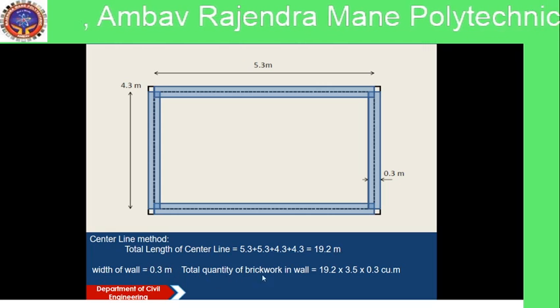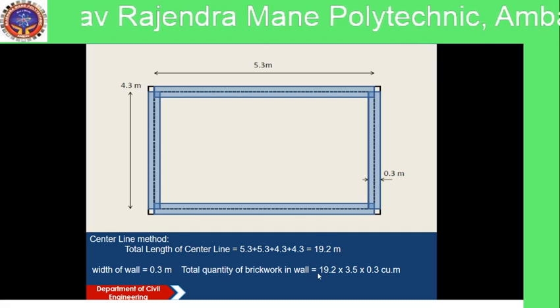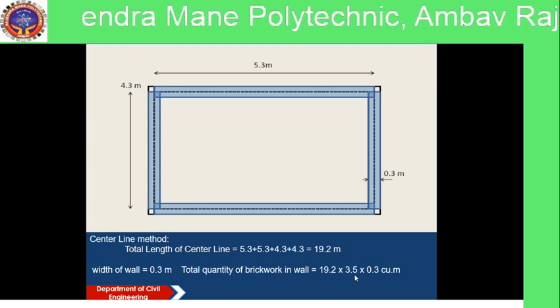So total quantity of brickwork in wall is equal to 19.2 into 3.5 into 0.3 cubic meter.